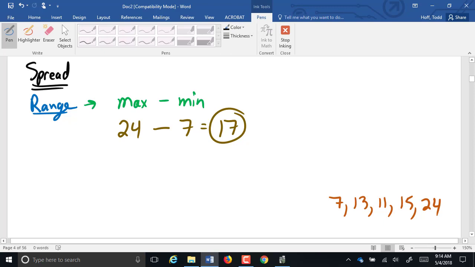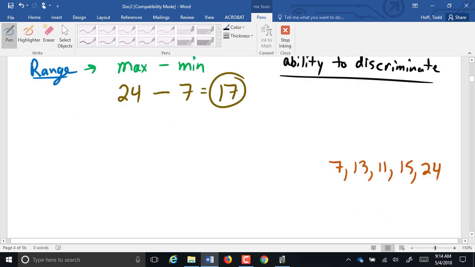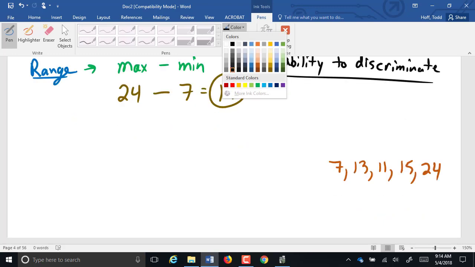So if we want to look at how good something is for a measure of spread, we look at something called the ability to discriminate. So I have that list of numbers there. I'm going to write another list of numbers here.